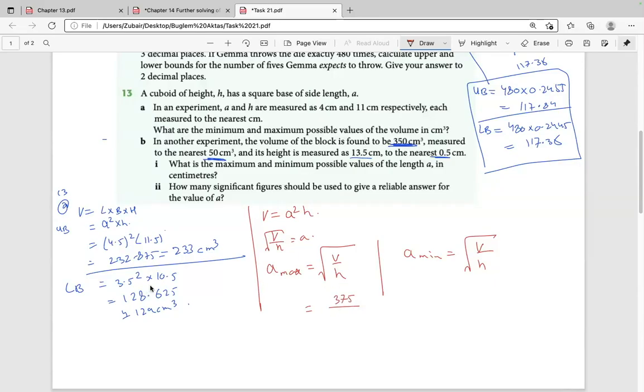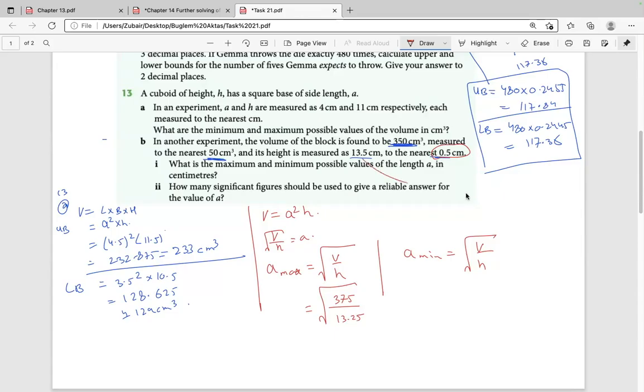And what about height? What value should we use to get a max? Uh, 13.75. You see, this is to the nearest 0.5 centimeters, so half of that is 0.25. So we're using the lower end of height to get the maximum value of a, so 13.25.